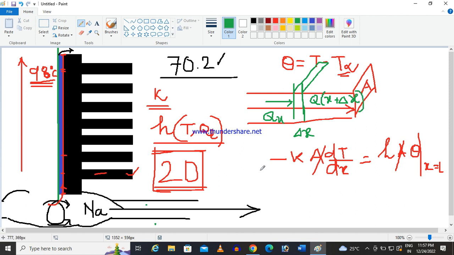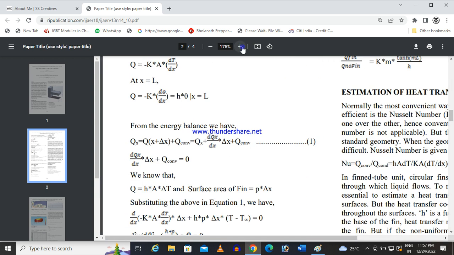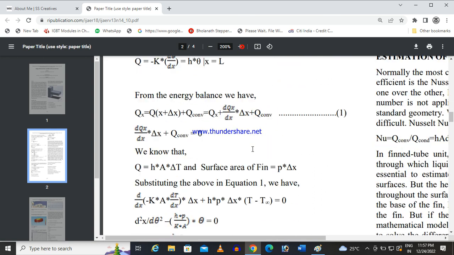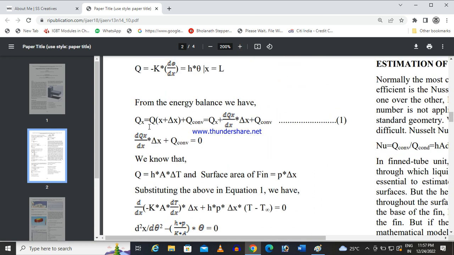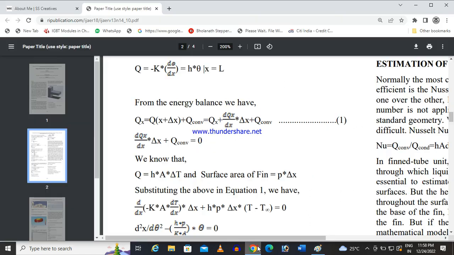Now if you equate, your Qx is equal to Qx plus del x plus Q convection. Convection is happening through the periphery, here, here, here, that side and bottom side.